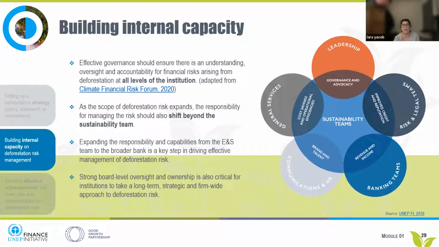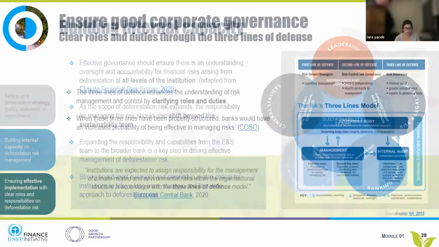So here I've highlighted Shift Beyond Sustainability Team, because a topic like deforestation risk will die a very slow, painful death if it is only within a sustainability team. Next slide, please.